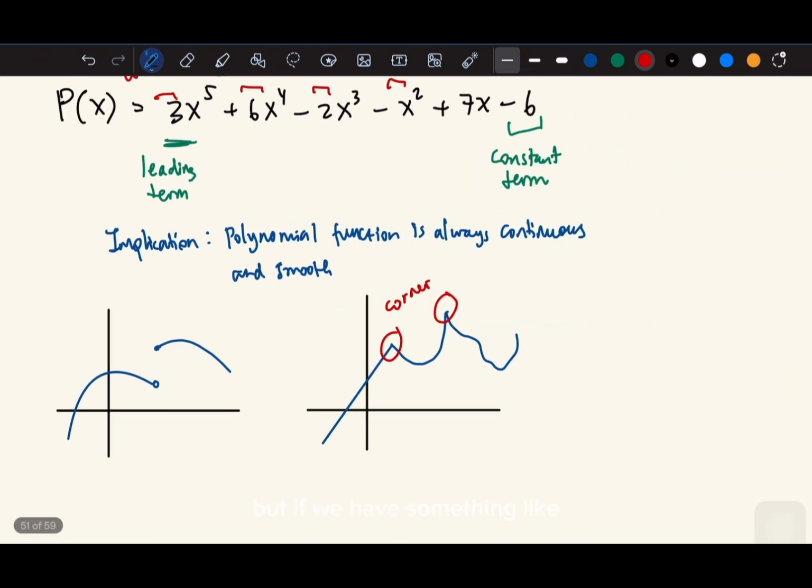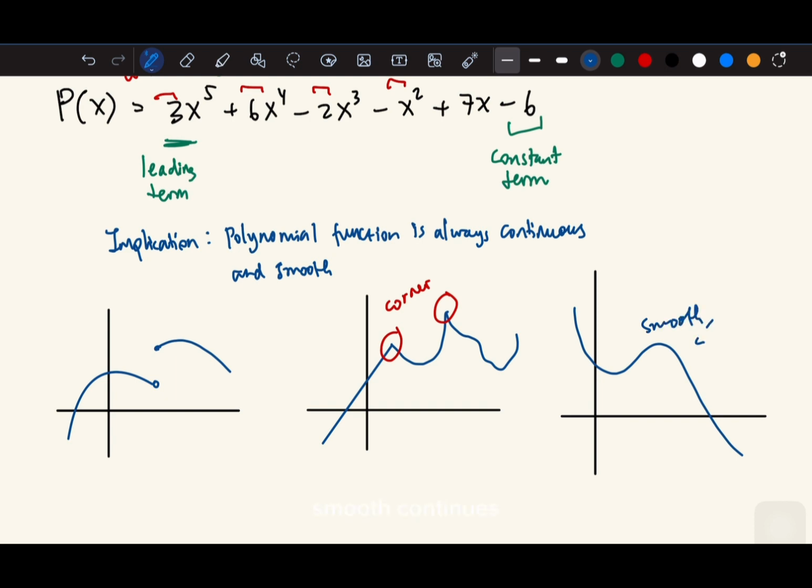But if we have something like that, we can say this is continuous and smooth. And probably it will be a polynomial, but not always. But probably the smooth, continuous one may be a polynomial function.